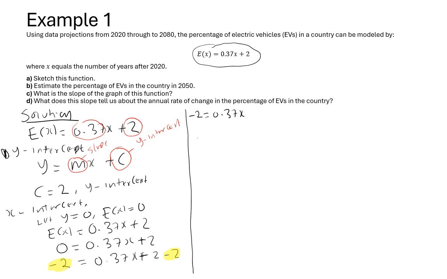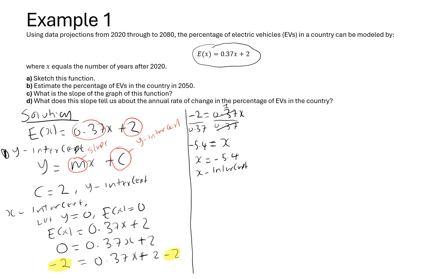Since we want to find x, we just divide both sides by 0.37. So minus 2 divided by 0.37 will give you minus 5.4, approximately equal to 1x, which is just x. So we have x is equal to minus 5.4. And remember, this is our x-intercept.